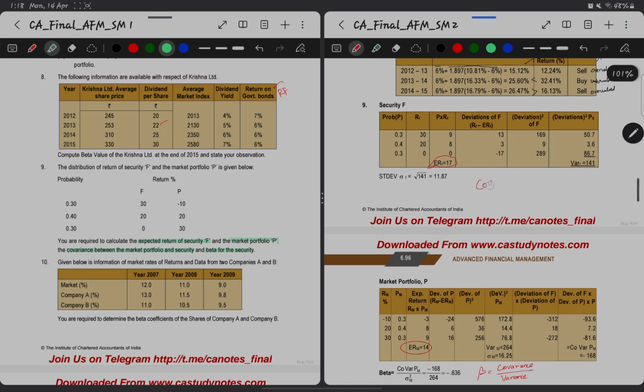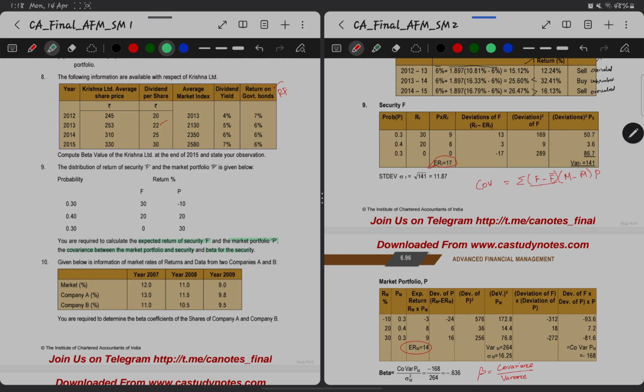Covariance can be found out by the summation of the return F minus expected return, multiplied by market return minus the expected market return, multiplied by the probabilities. So this F minus F bar is nothing but the deviation.